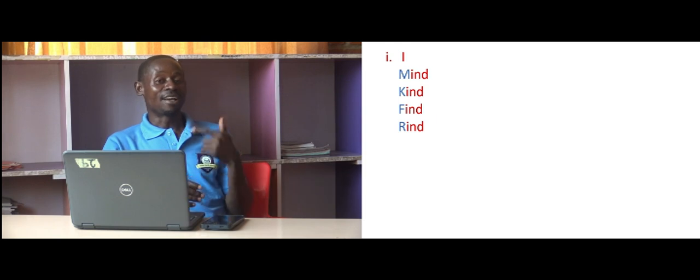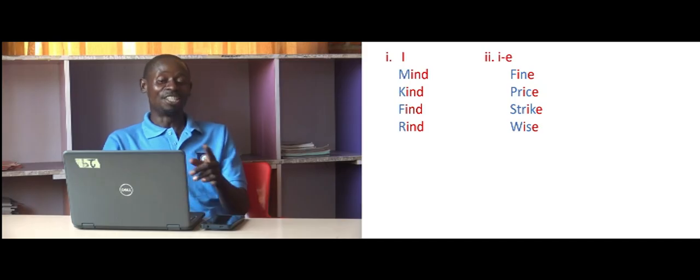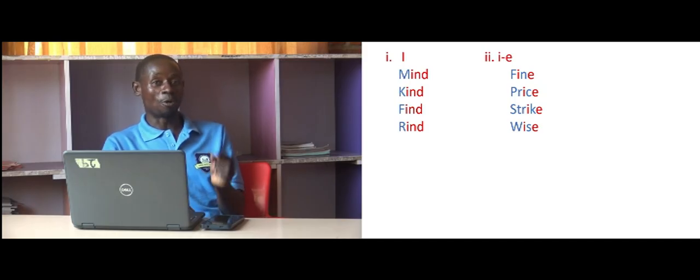Let's go to the next spelling pattern. And now we have the letter I, followed by a consonant, and then letter E. Remember the letter E there is called a bossy E. You know how it functions? It hops back and changes the vowel preceding that consonant from a short sound to a long sound.